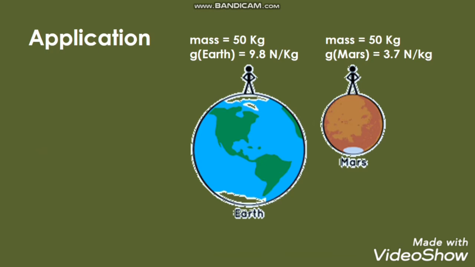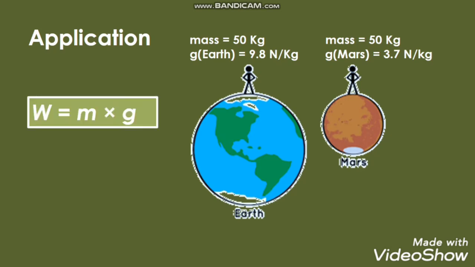Let's apply this rule. We have the same man standing on two different planets. The mass stays the same, but the weight will differ for sure because the gravity differs. To calculate weight, we will use the relation weight equals mass times gravity.